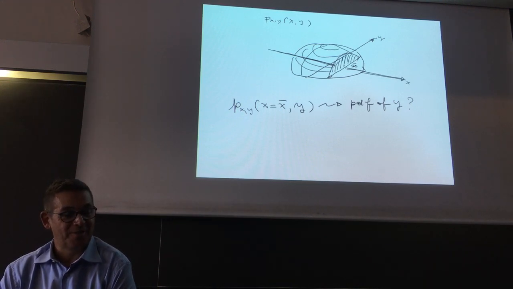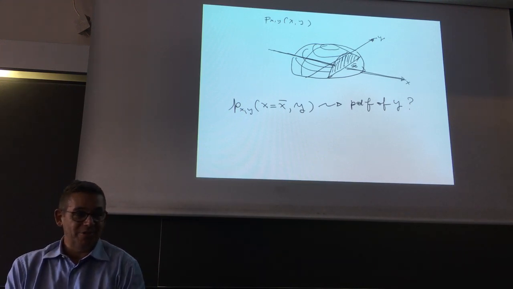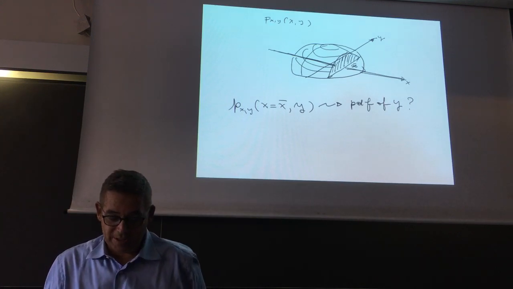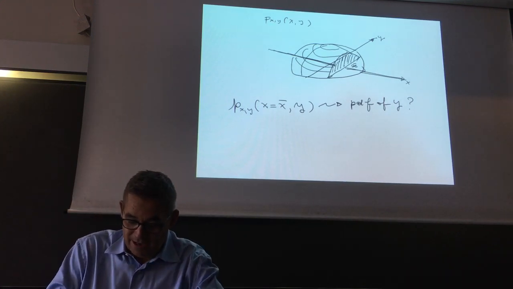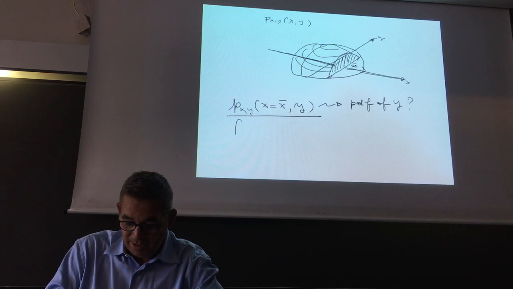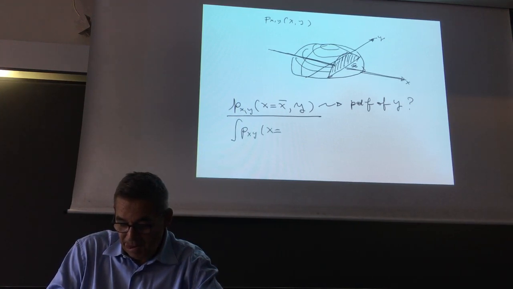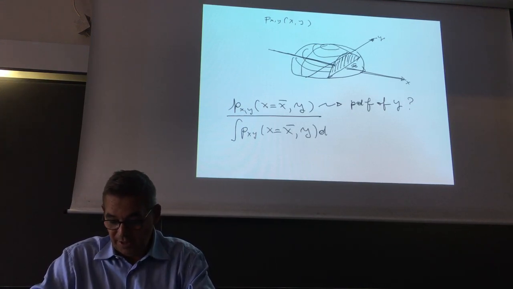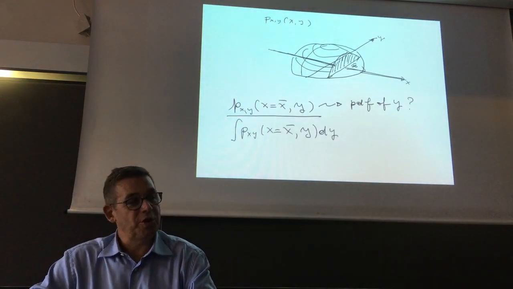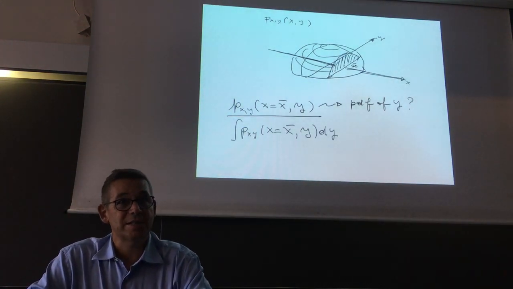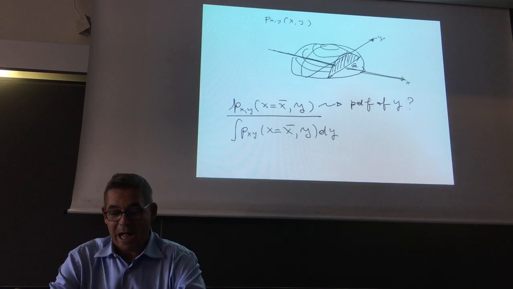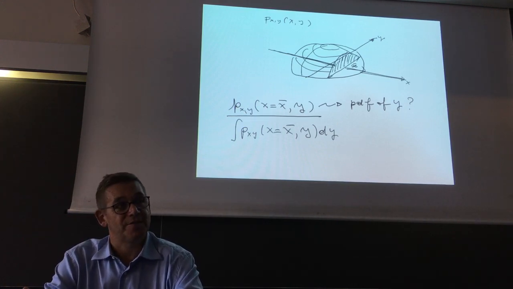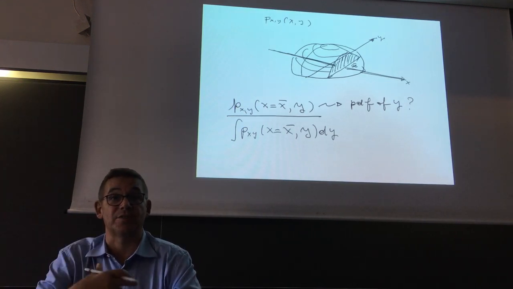No. Okay? So, what they do is the following. What I need to do is divide this one by the integral of p(x, y). If I do this way, this probability density function is really a probability density function.